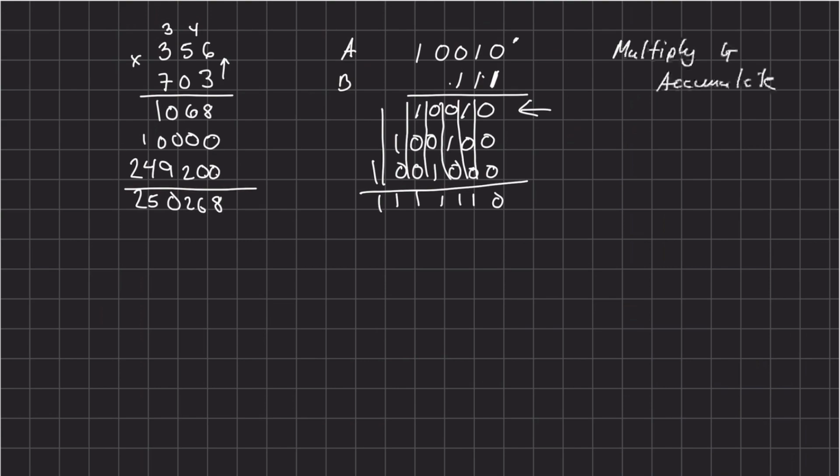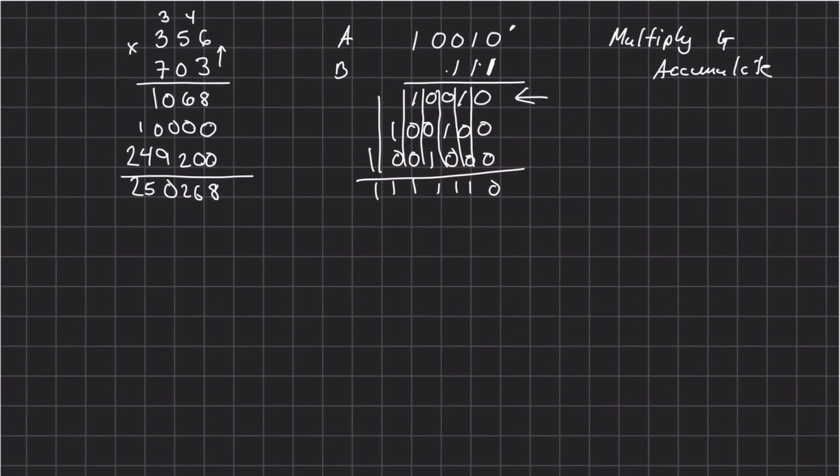So in that context, in the concept of binary, it's very easy to multiply. By 0, we just don't do anything, and by 1, we take the value and add it. All right.